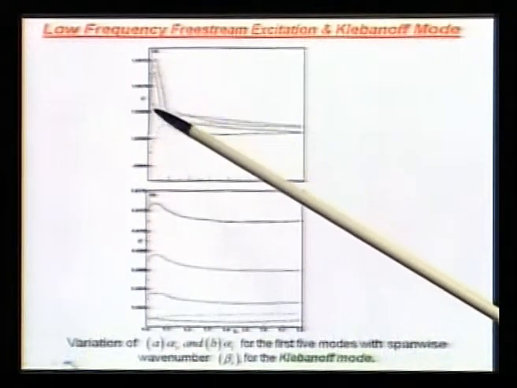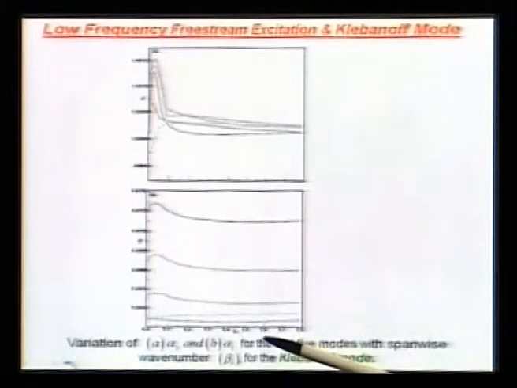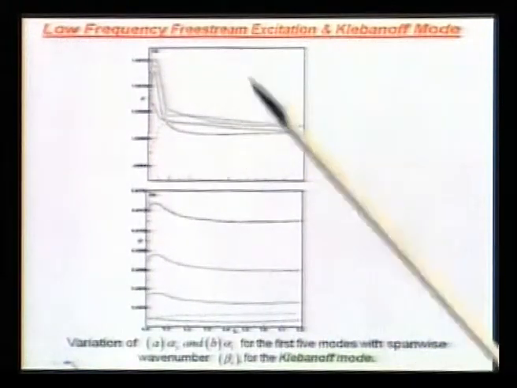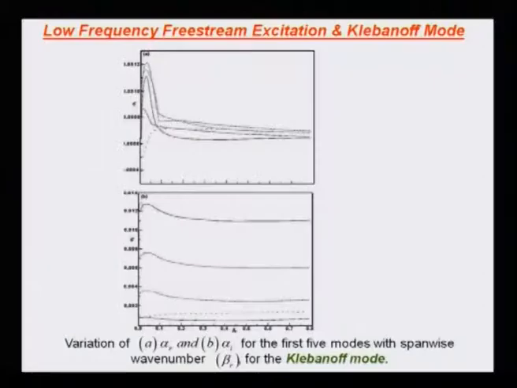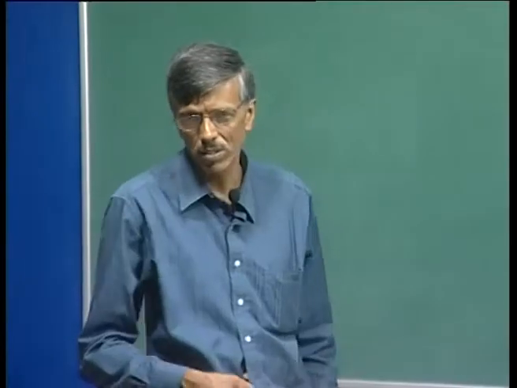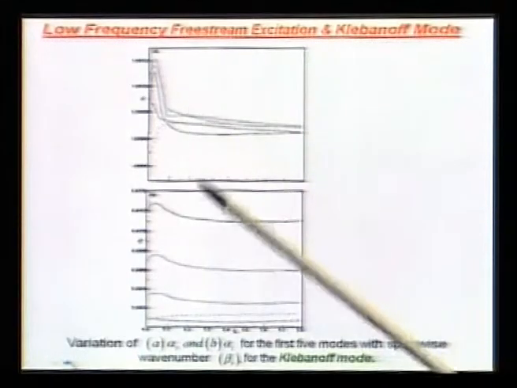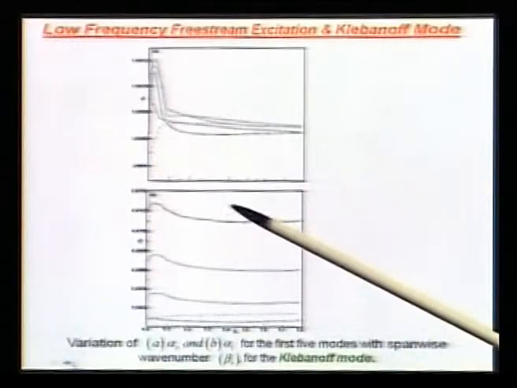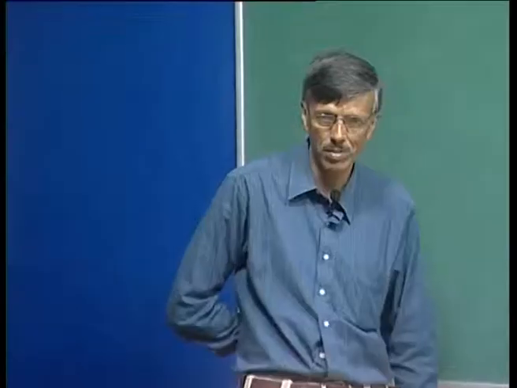So this is alpha r versus beta r, and this is the alpha I versus beta r plot. And what we have basically done is obtained, say, 5 such modes. That is what we are showing here, 5 such curves, and how they vary with beta r is shown here for these 5 waves.